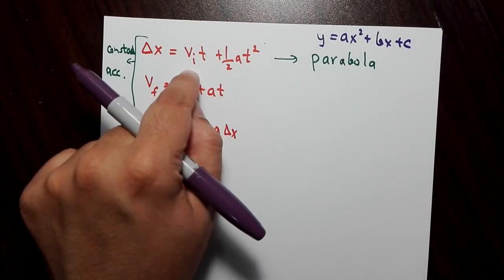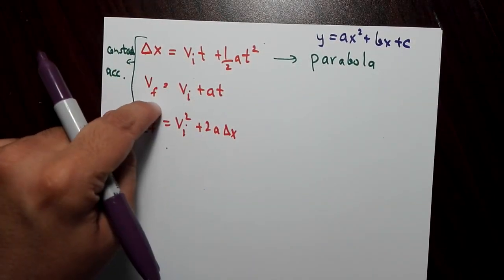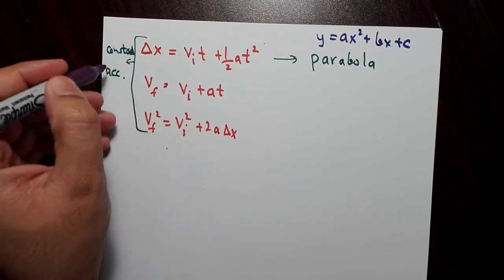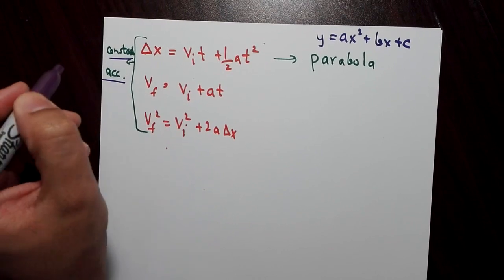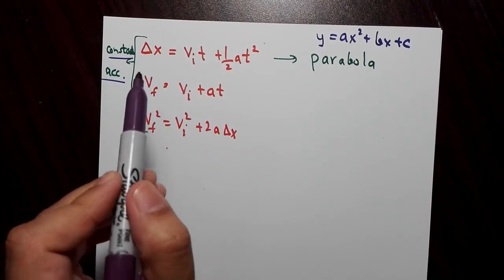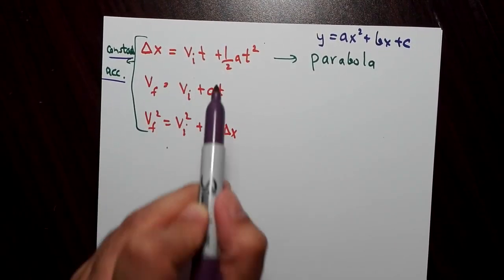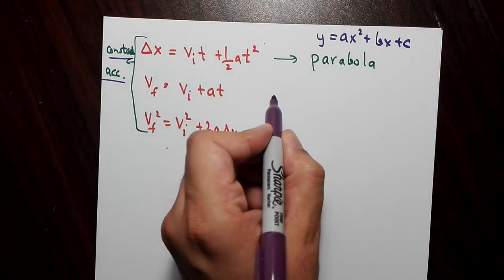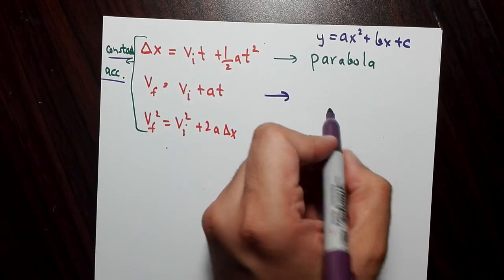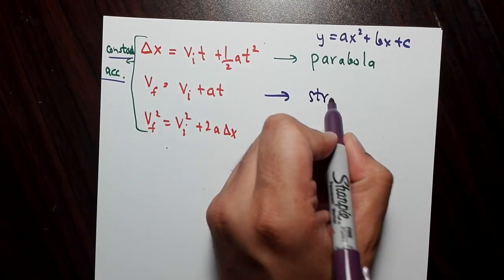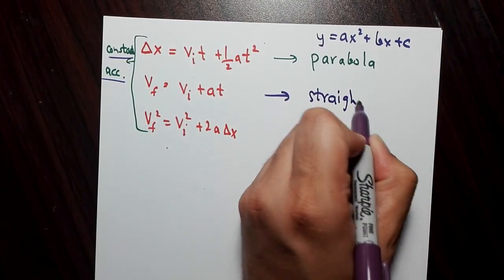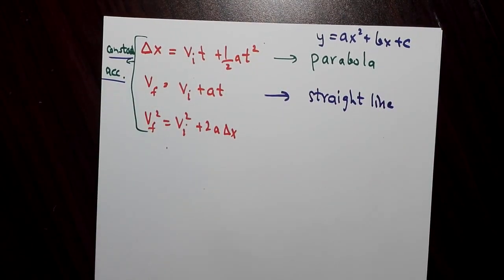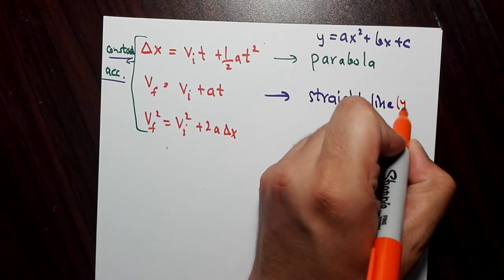So this is just the equation of a parabola, and this is the equation of a straight line. So for an object moving with constant acceleration, the position versus time graph is always going to be a parabola, and the velocity versus time graph is always going to be a straight line with a slope, because the equation for this is just like y equals mx plus c.